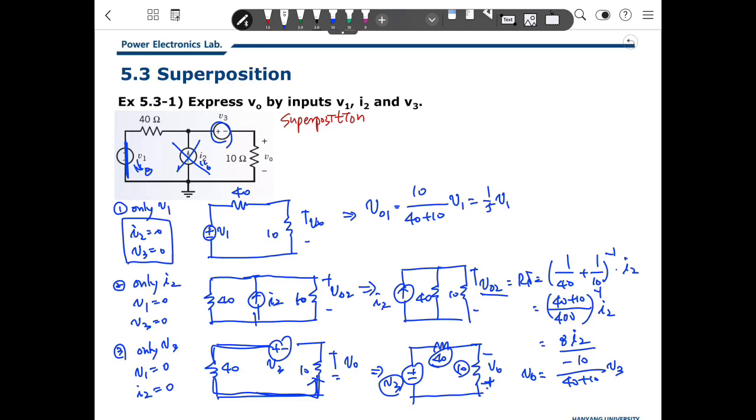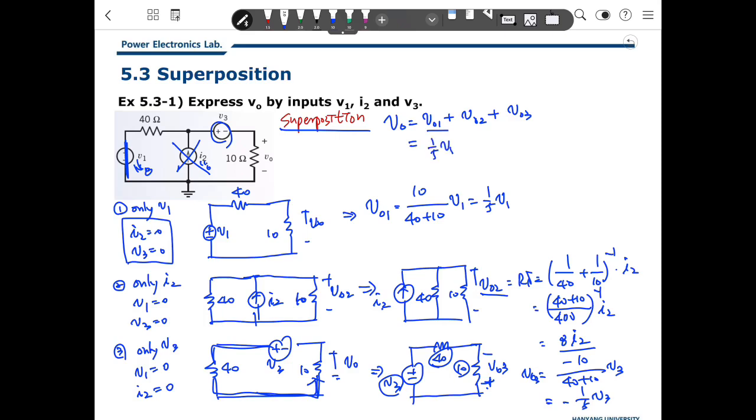But the polarity is opposite, so there will be minus 1/5 V3. This is the VO3. So by superposition, VO is VO1 plus VO2 plus VO3.